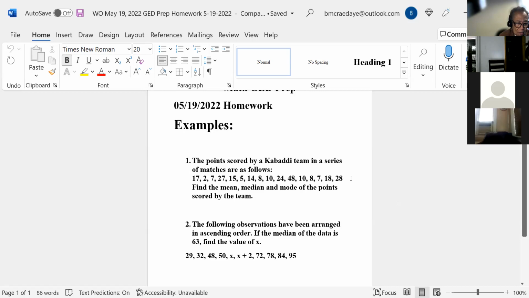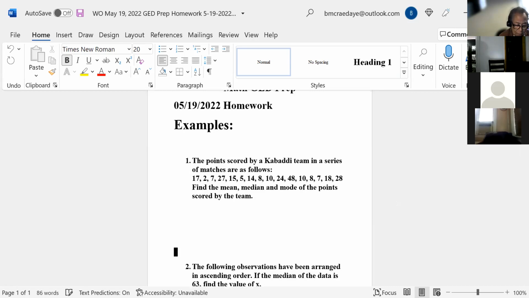Oh, when I added it up, I think it was 600, and I don't have the total there. There are 16 numbers here, so there are 16 points represented.